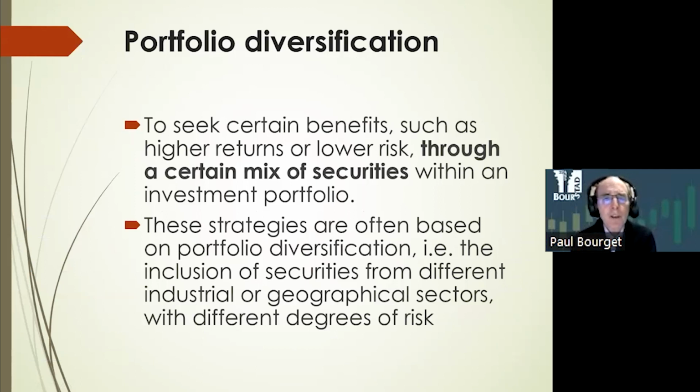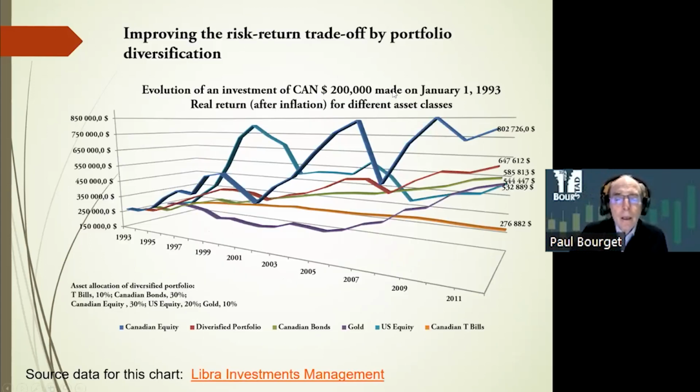Portfolio diversification is to seek certain benefits, such as higher returns or lower risk, through a certain mix of securities within a portfolio. These strategies are often based on portfolio diversification, meaning the inclusion of securities from different industrial and geographical sectors with different degrees of risk.